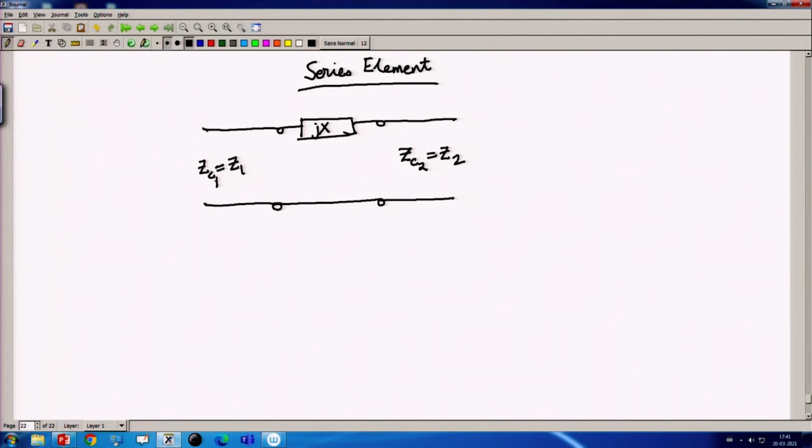ZC1 is the characteristic impedance of the transmission line on the left hand side, it is Z1, and ZC2 is the characteristic impedance of the transmission line on the right hand side, and that is Z2. And this is the current I1.